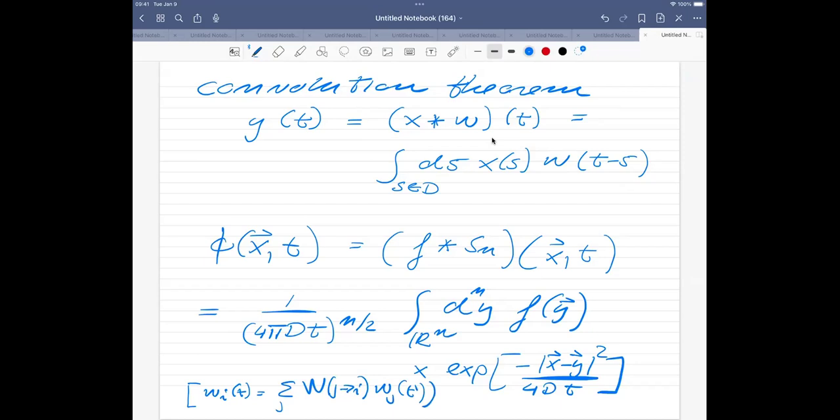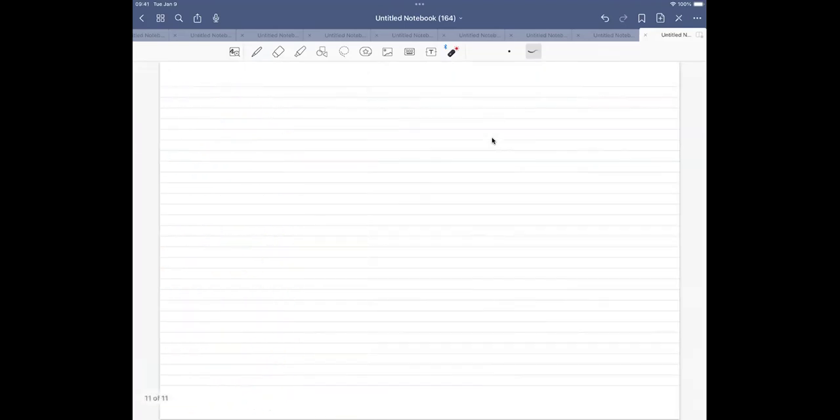So this process, through the convolution theorem, is a way to express the transition probability from a state f of y to a state at x at a time t, where we have now defined a transition probability. So this is the way we can define that using the convolution theorem.